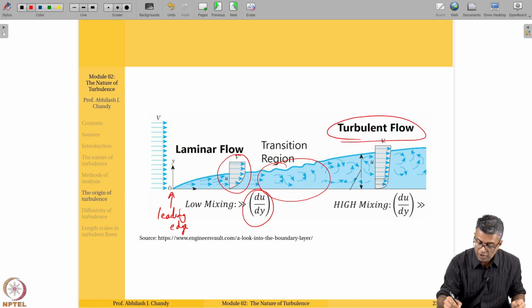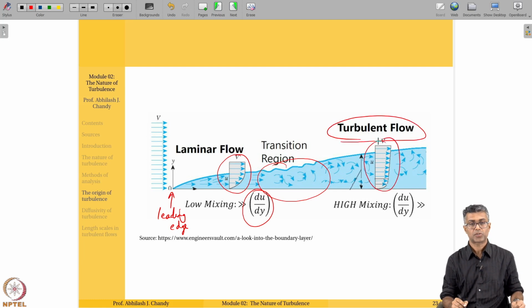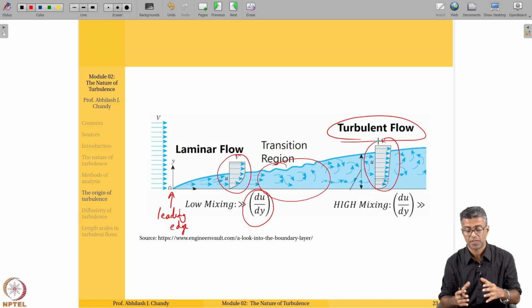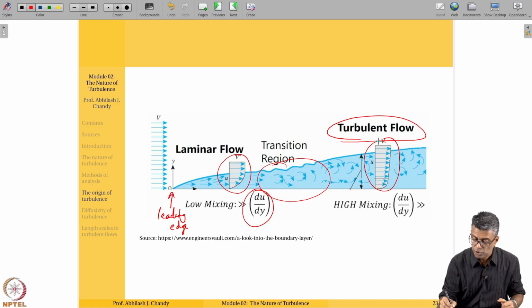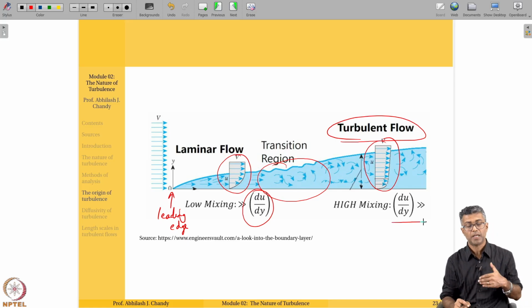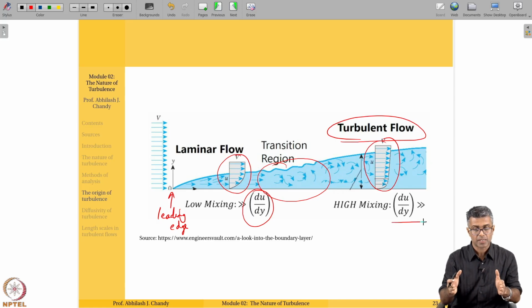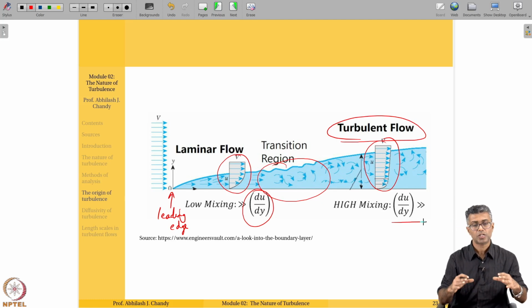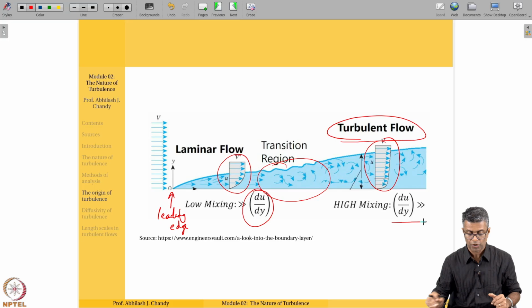And the profile in a turbulent flow looks like this. The turbulent flow is marked by very high mixing. The velocity gradients are high. So that is what I mean by du dy being much greater than 1. So that is how it starts, right? It starts from laminar flow, then the instabilities begin to happen, and those instabilities propagate depending on the Reynolds number, and eventually the flow transitions to turbulent flow. So this is a figure illustrating that phenomenon.